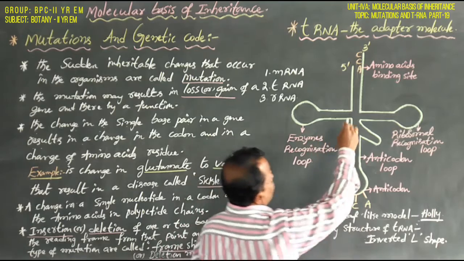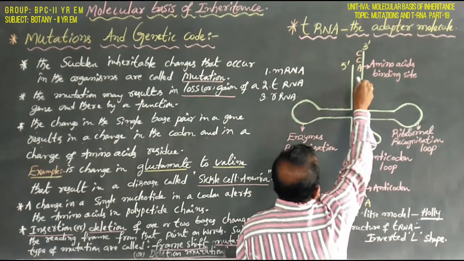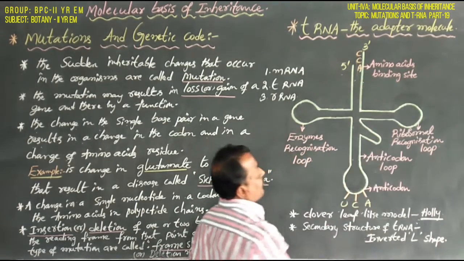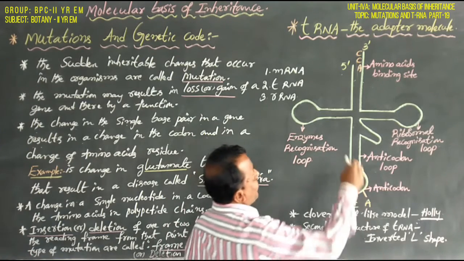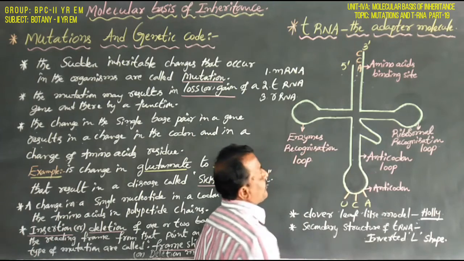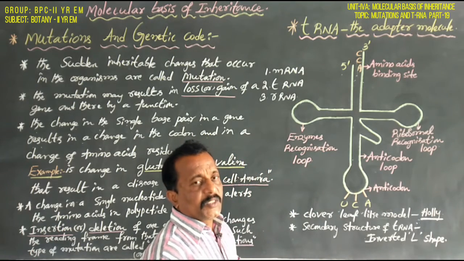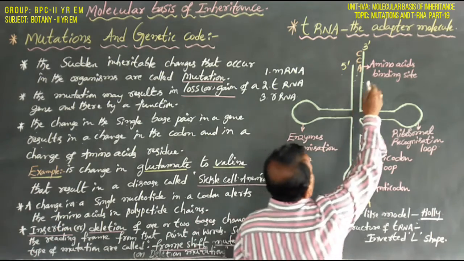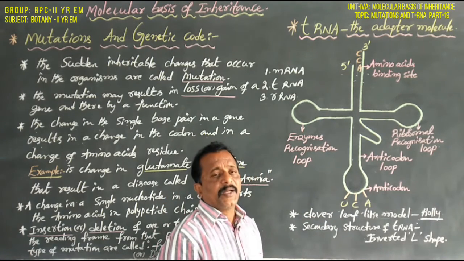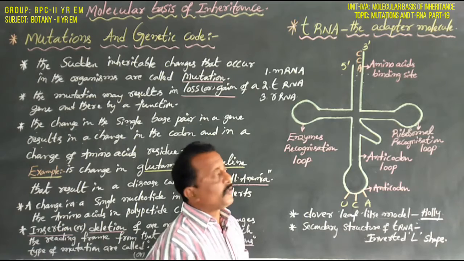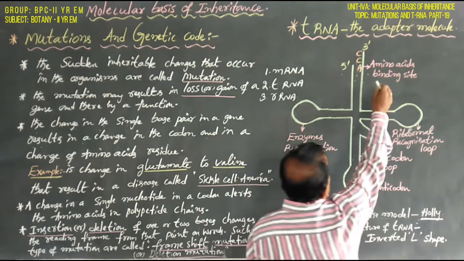The tail part has a 5 prime end and a 3 prime end. The 3 prime end always has the CCA codon. Amino acids are attached to this 3 prime end, so that is the amino acid binding site.